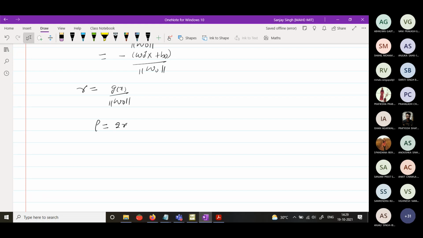Rho is nothing but 2r. So 2r here, when actually the value of this is always 1, plus 1 or minus 1, we are saying as a margin. Margin we are taking as plus 1 or minus 1.